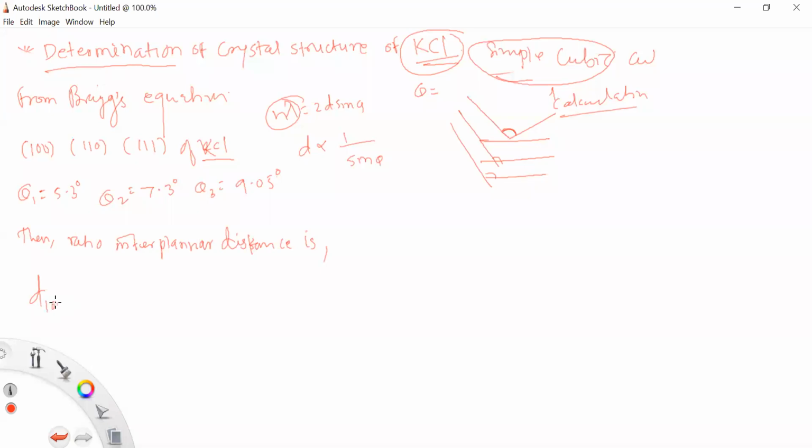So d for 1 0 0 plane is to d for 1 1 0 plane and d for 1 1 1 plane.